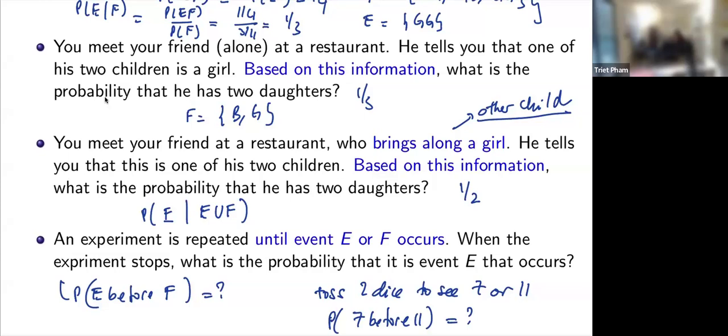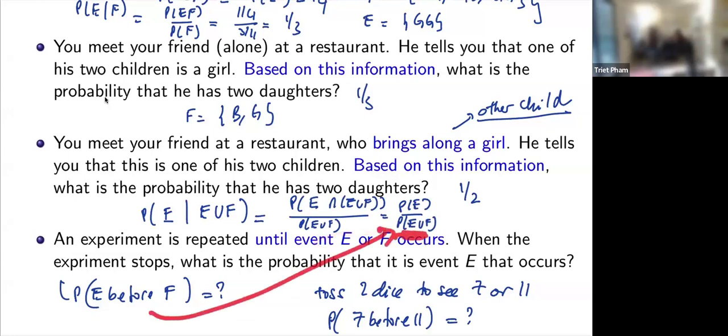Once you recognize it like that, the answer is easy because it's P of E intersect E union F over P of E union F. So the final answer is just P of E over P of E union F. That's the same as P of E before F.